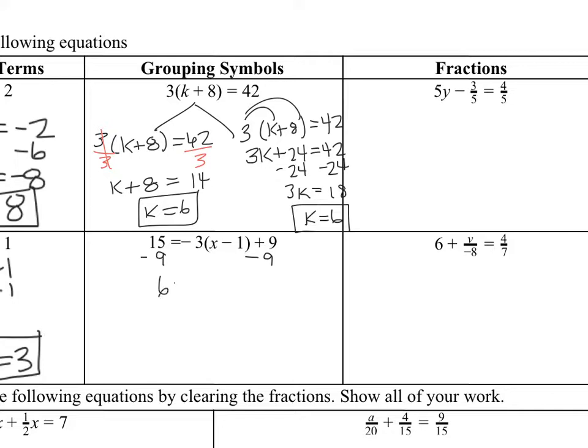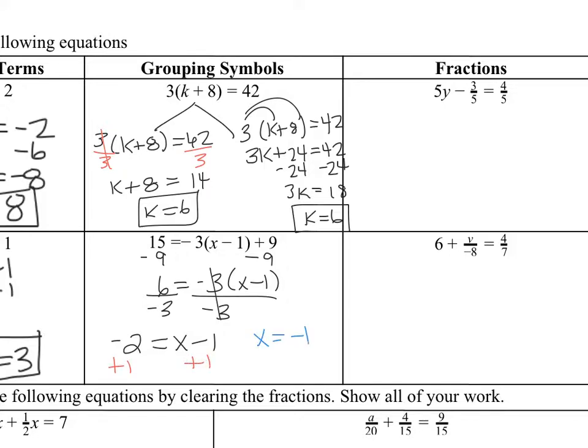So I'm going to have 6 equals negative 3 times x minus 1. At this point you can either do the distributive property or you can divide by negative 3. I'm going to divide both sides by negative 3. So this is negative 2 equals, this cancels out, x minus 1. And if I add 1 at the end, I get x equals negative 1.